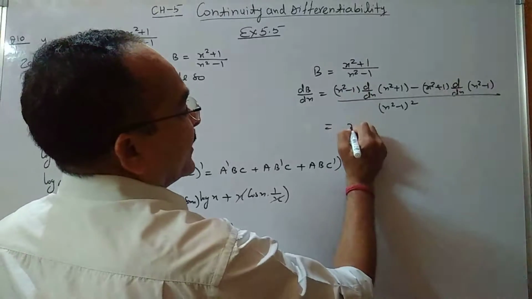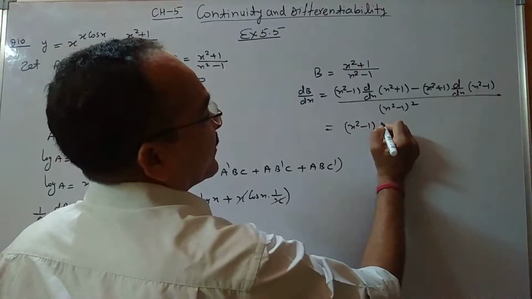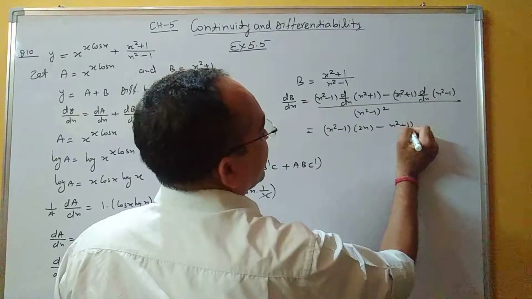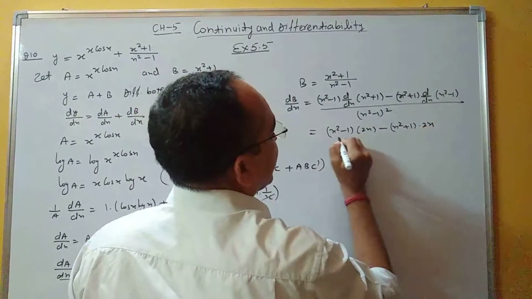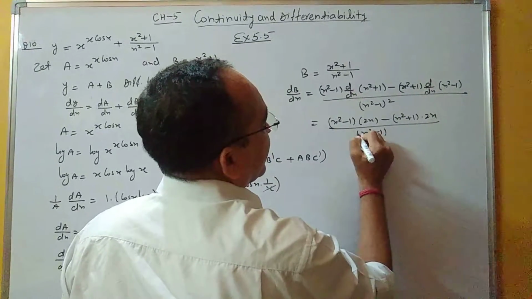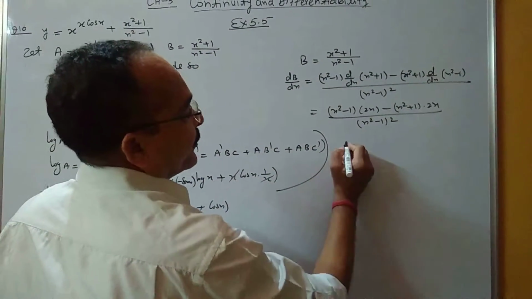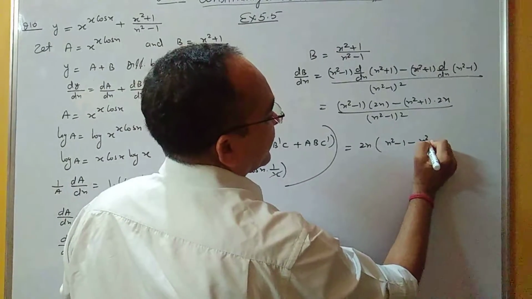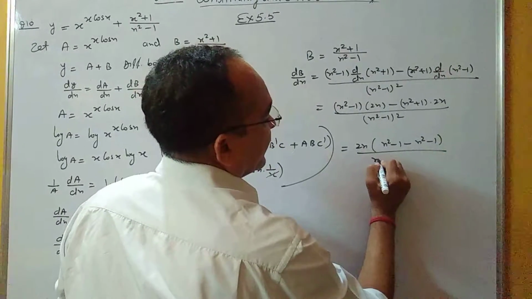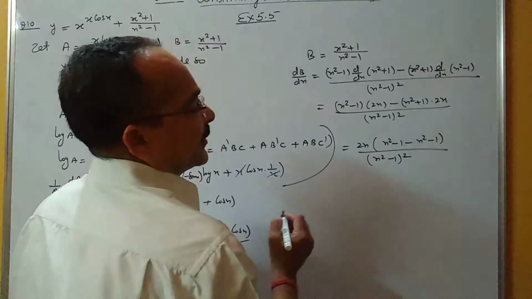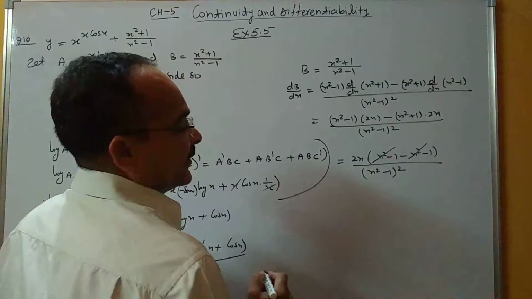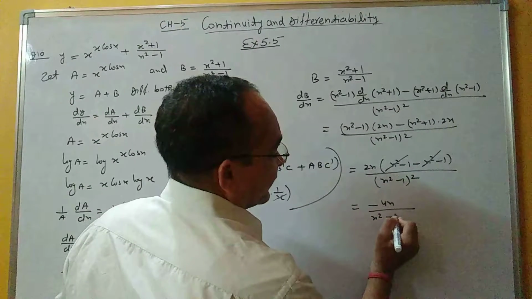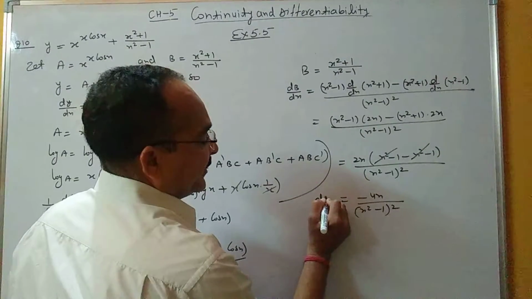So that is equal to (x square minus 1) into 2x minus (x square plus 1) into 2x, over (x square minus 1) whole square. So 2x is common, and (x square minus 1 minus x square minus 1) over (x square minus 1) whole square. This x square is cancelled. So minus 4x over (x square minus 1) whole square, that is dB by dx.